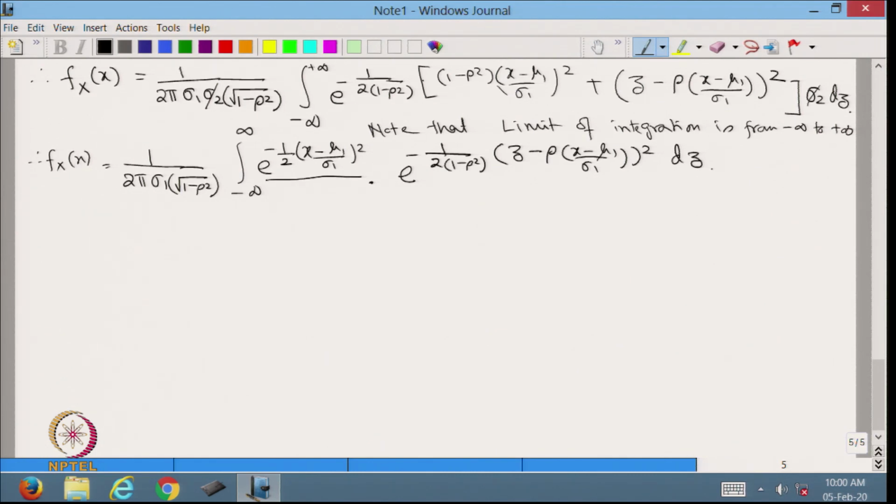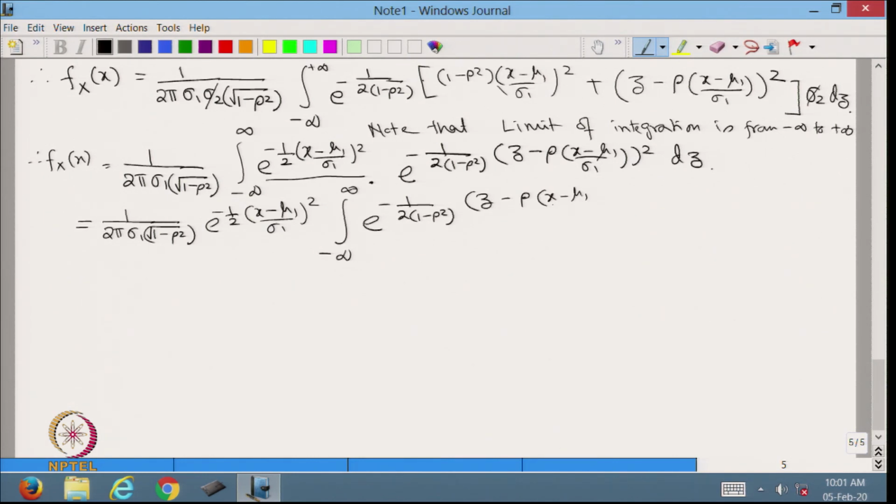Now, this part has nothing to do with z, therefore we can write it as 1 upon 2π σ1 root over (1 − ρ²) e to the power minus half into ((x − μ1)/σ1) whole square, integration of minus infinity to plus infinity e to the power minus 1 upon 2(1 − ρ²) (z − ρ(x − μ1)/σ1) whole square dz.